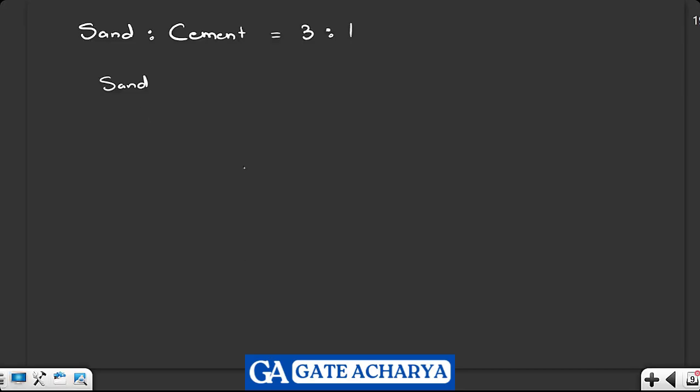Quantity of sand is 3 units, and quantity of cement is 1 unit. One more thing, the second ratio is given.